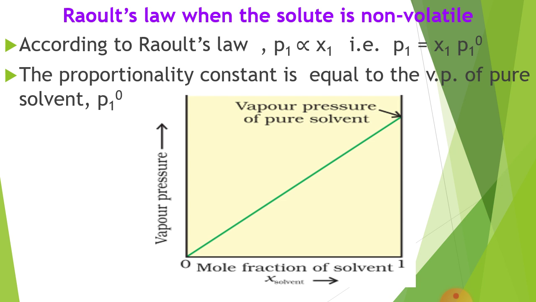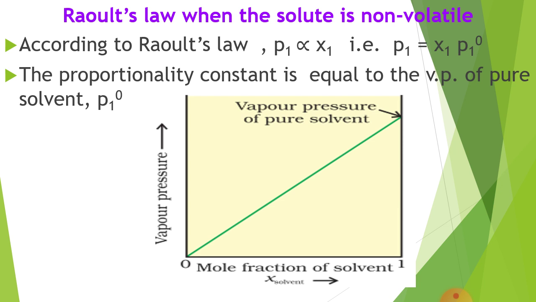Now, Raoult's law when the solute is non-volatile. As I have told you, non-volatile means no vapor. That's why here P2 equal to 0. So according to Raoult's law, the partial pressure only depends upon the mole fraction of 1, and hence only one pressure is found here, P1 equal to x1 P naught 1.